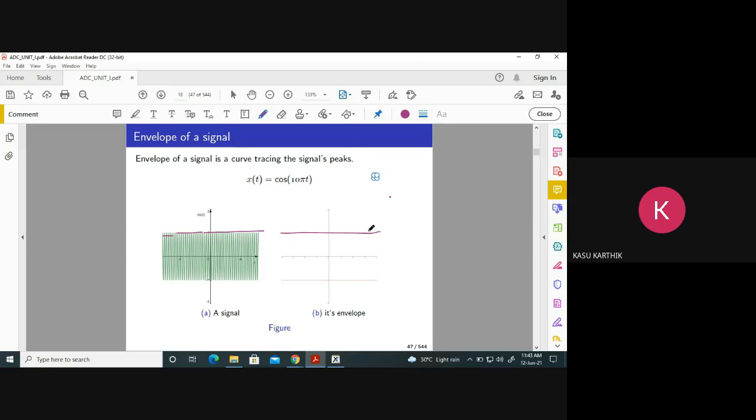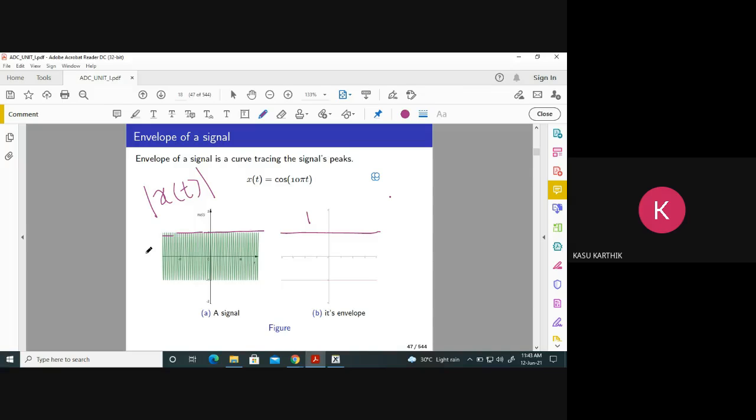You get a constant curve. That is the envelope of your x of t. Or otherwise, envelope means mod of the signal. What is mod of cos 10 pi t? 1. That is the envelope.